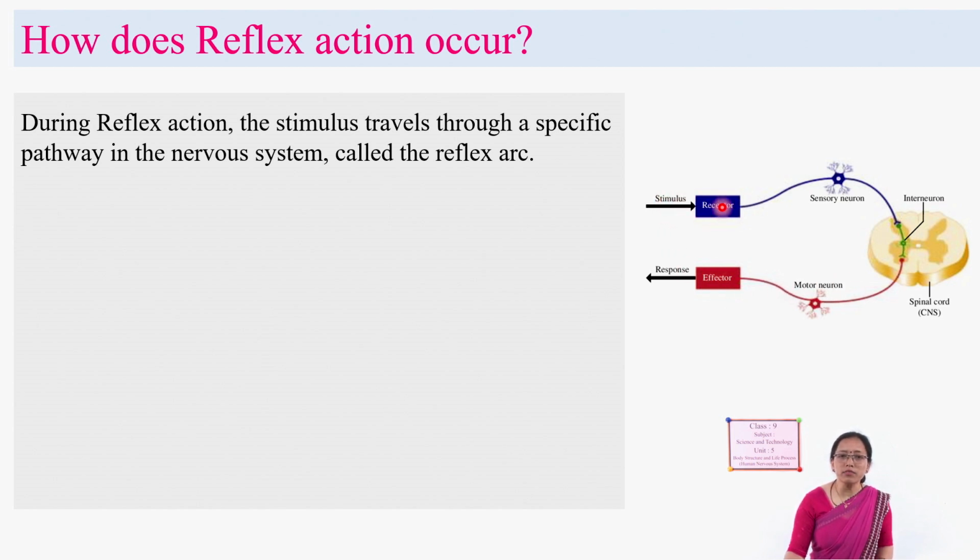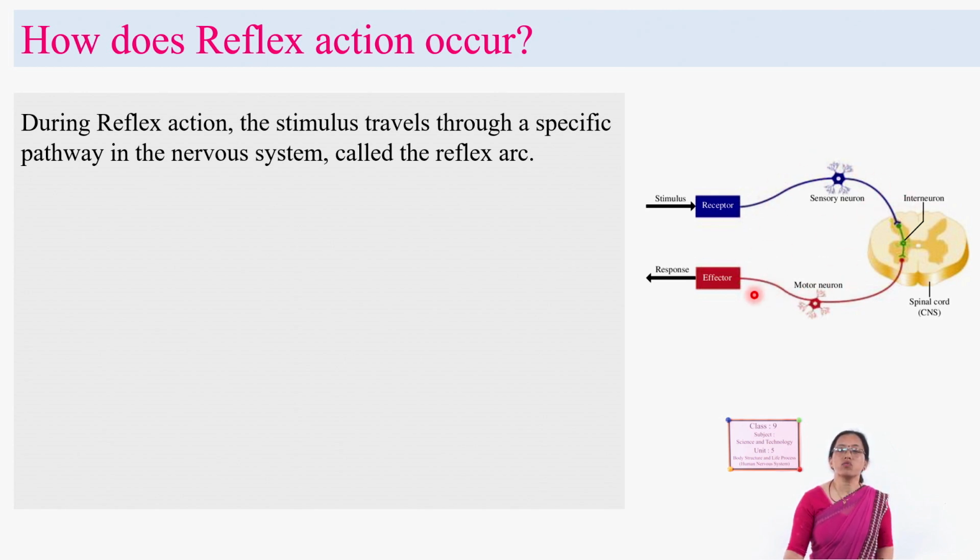At that time it forms an arc-like structure. See, here it is forming an arc-like structure. This arc is called the reflex arc. Sensory nerves, the connector, that means the interneuron or connector nerves, and motor nerves form an arc-like structure.